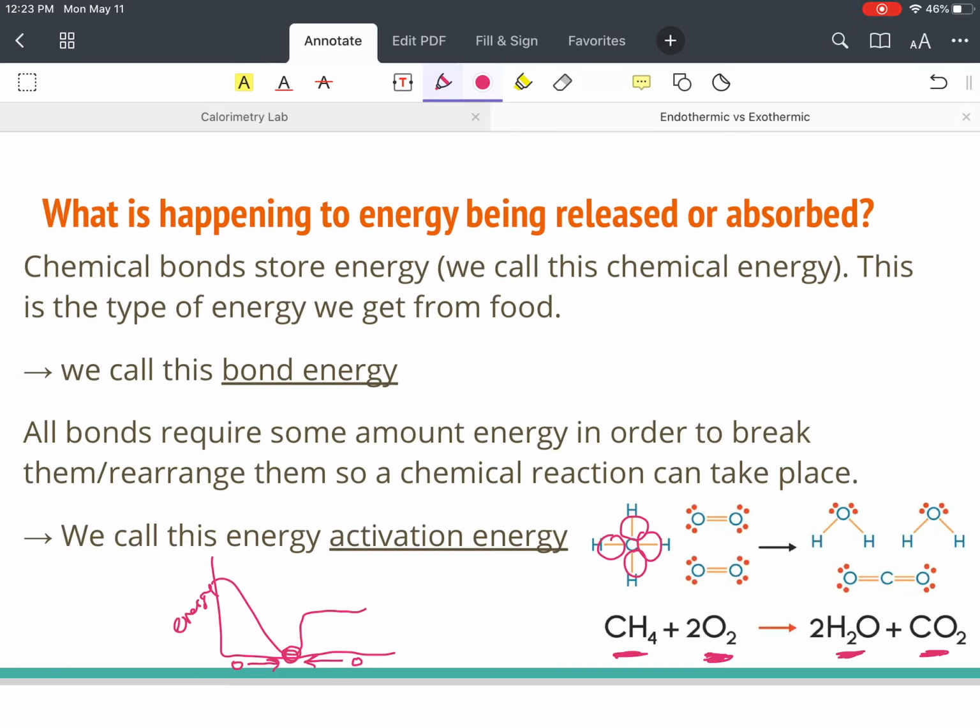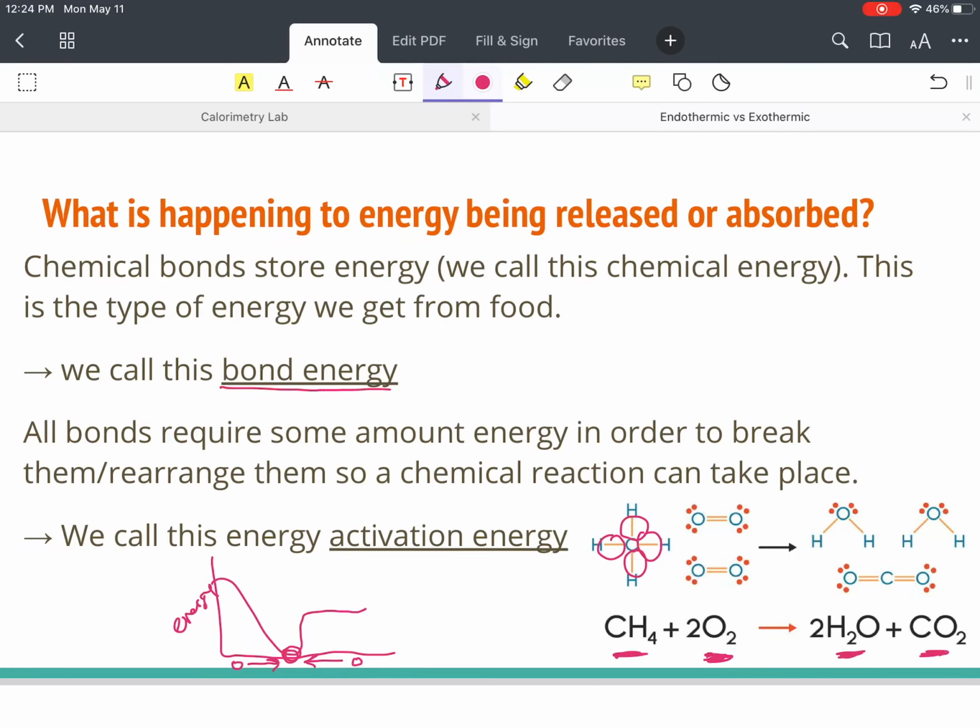Like in the calorimetry lab, if you burned your potato chip or your Cheeto, when you're burning it, that's a chemical reaction. Catching fire, burning is a chemical reaction. It's breaking the bonds of that food and releasing the energy stored inside those bonds. Your body does that just in a different way, because obviously your body doesn't burn fire on the inside. So that's where this energy is coming from.